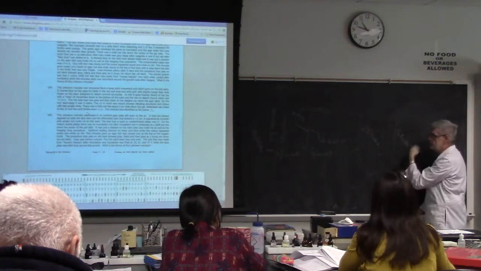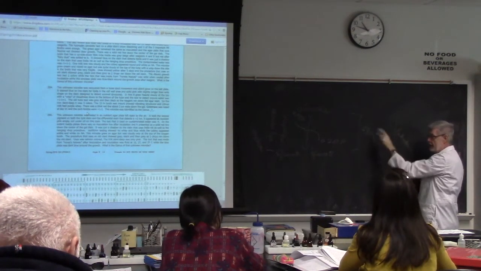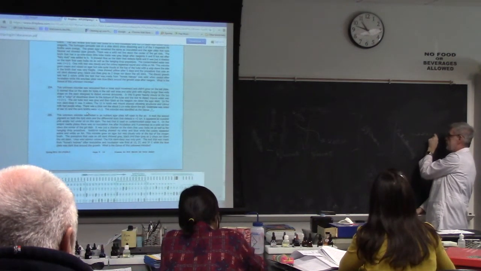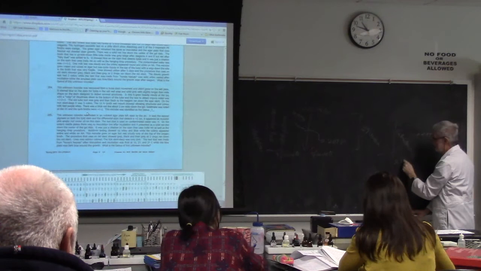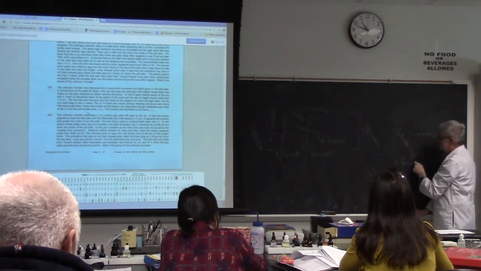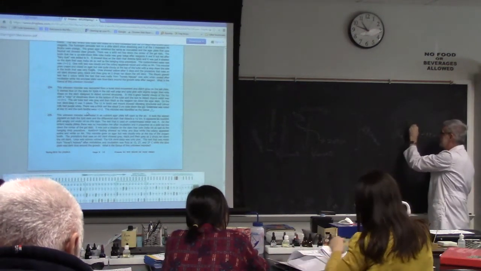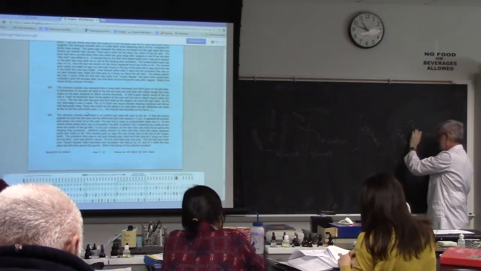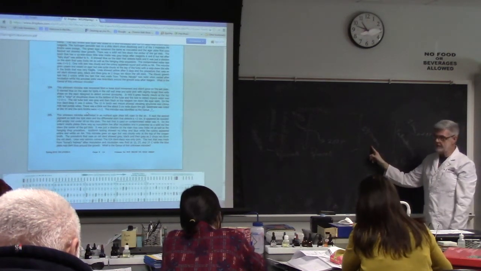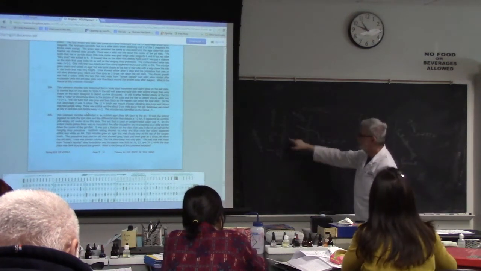The Entner-Doudoroff pathway does not go that way, but it does give you 2 ATP and 2 pyruvate. Remember, one genus does this. Everything else does the Embden-Meyerhof glycolysis pathway.